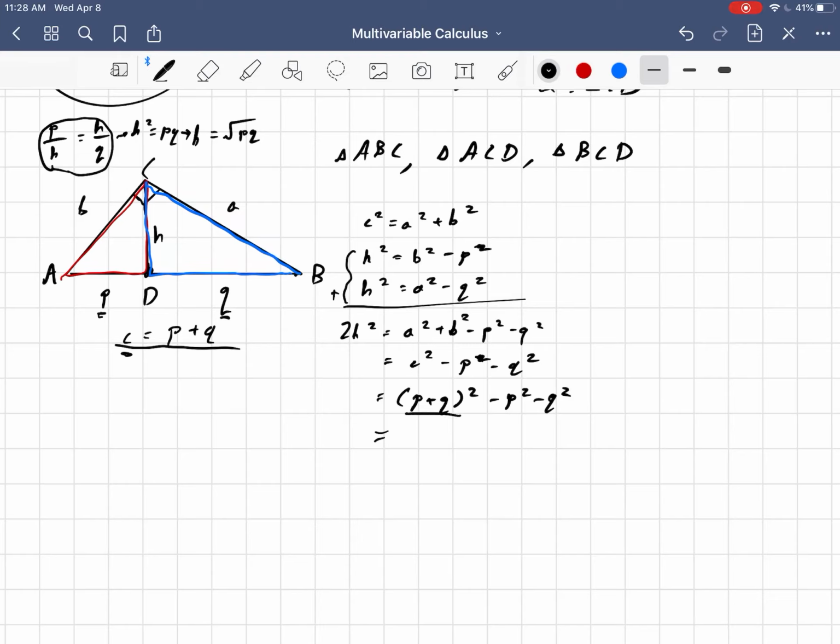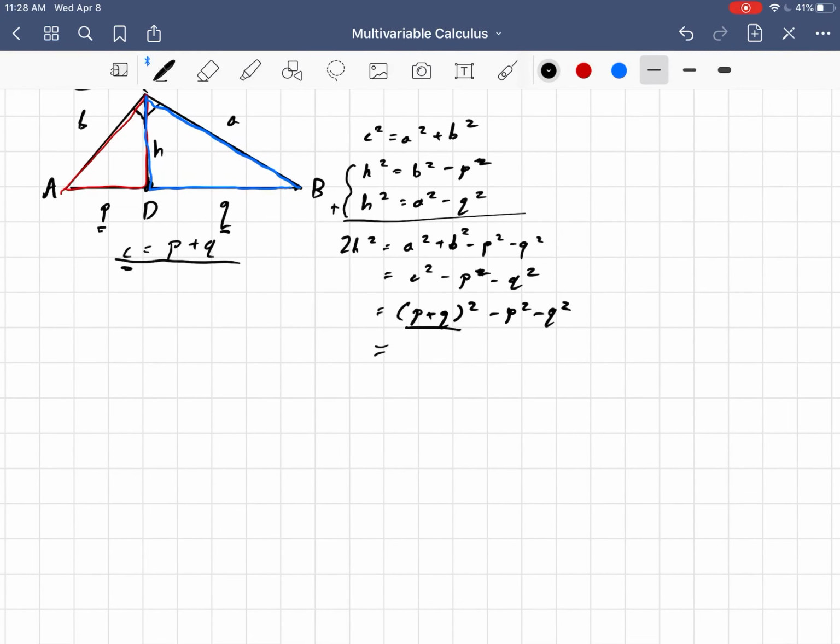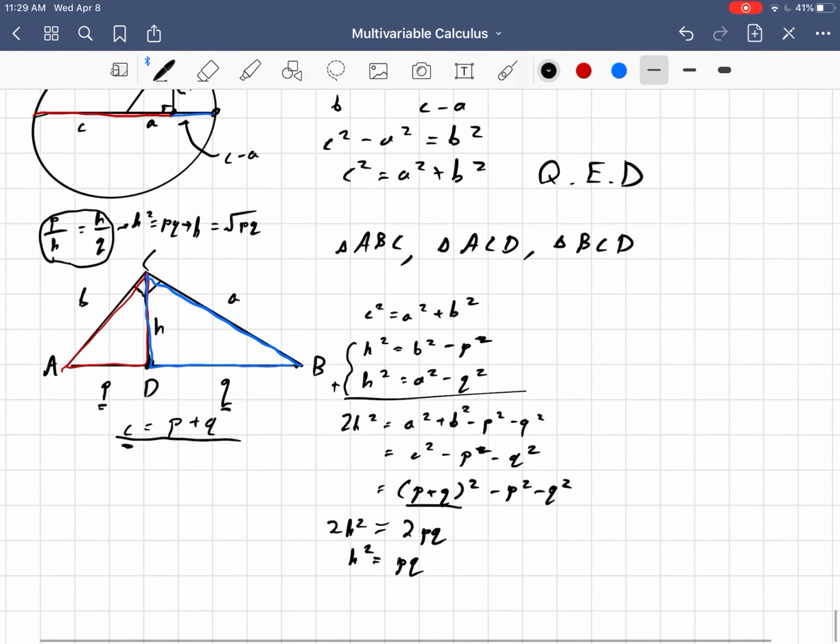When I FOIL that out, I'll get P squared plus Q squared plus 2PQ, and then that's going to cancel out with the minus P squared minus Q squared, so we're just going to get 2PQ. So this is equal to 2H squared, and so then H squared is equal to PQ.